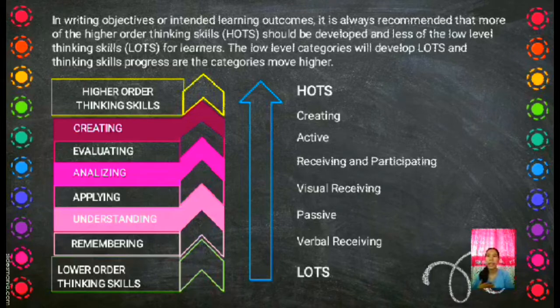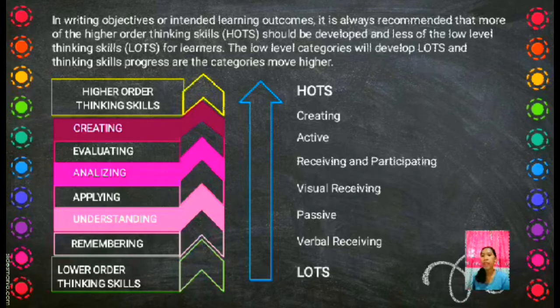So, when creating objectives or learning outcomes in our lesson plans, it is recommended na mas mo gamit ta sa higher order thinking skills nga mga activities kaysa sa low level thinking skills. It's because it will challenge our learners, and it will develop more their level of thinking skills.